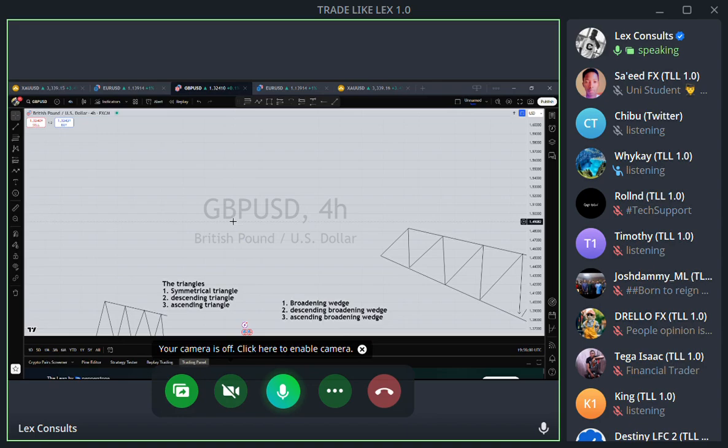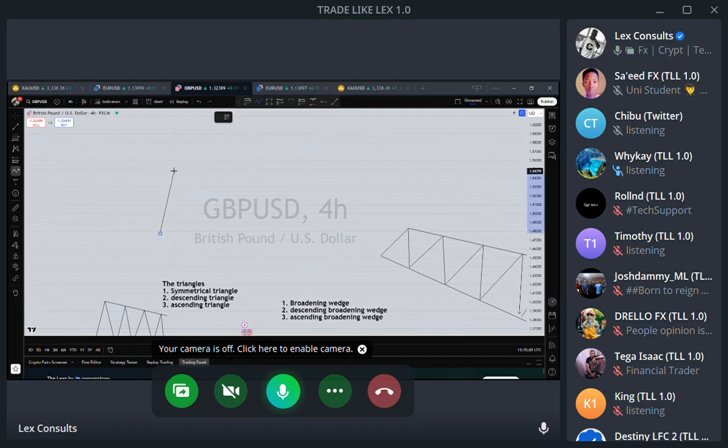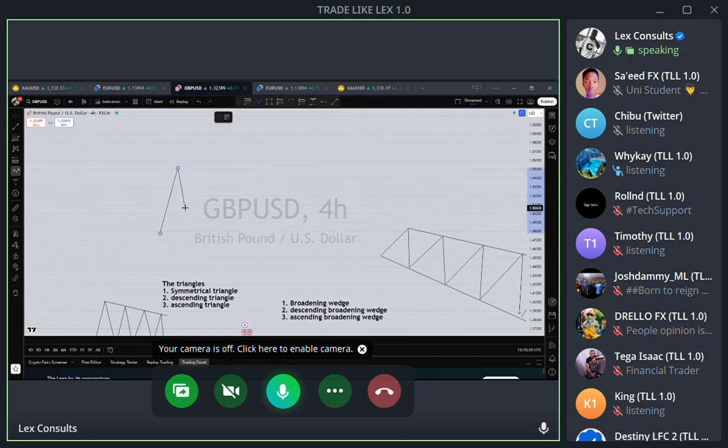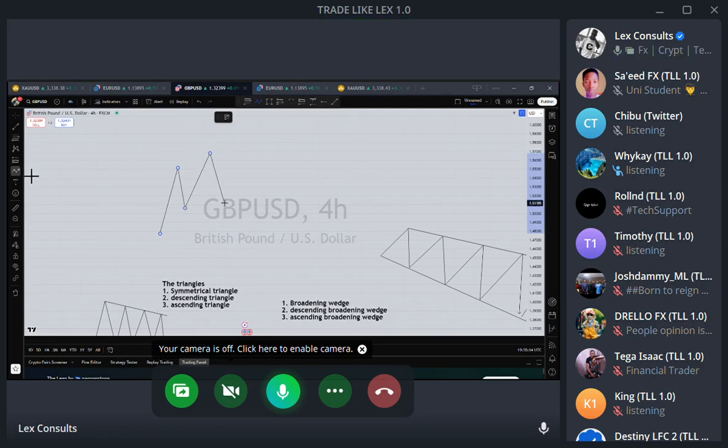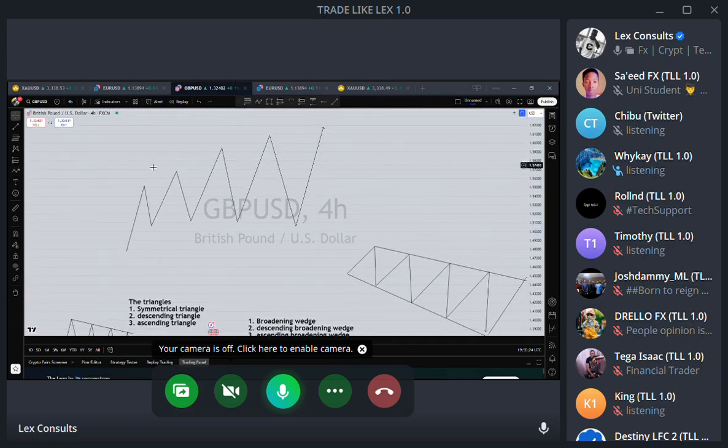Our last pattern tonight is the ascending broadening wedge, which is something like this. As it is ascending, it is also broadening, something like this. Okay, something like this.